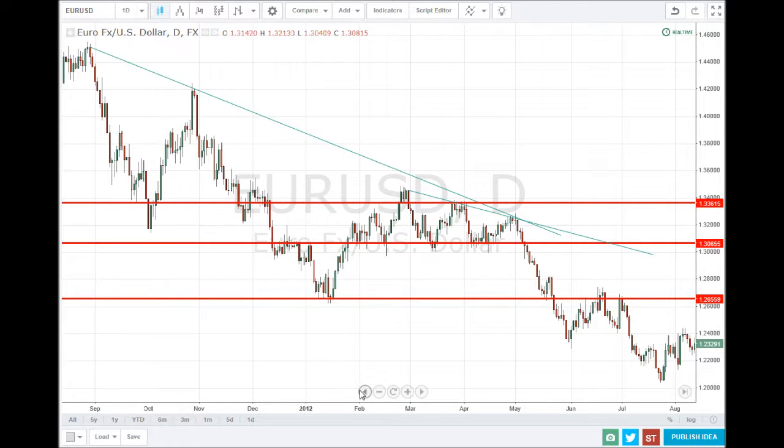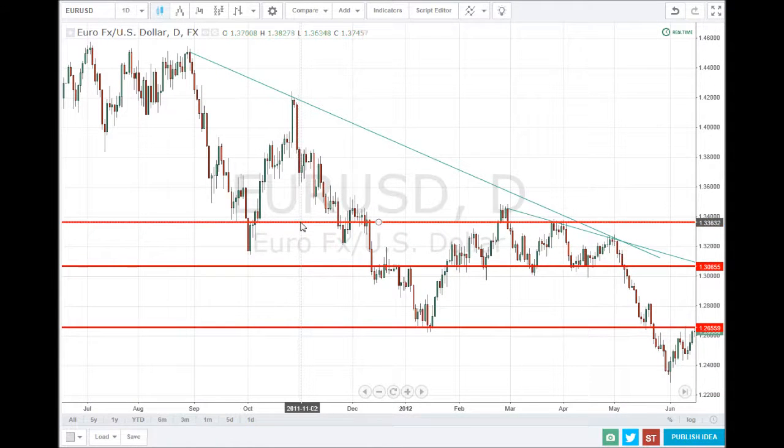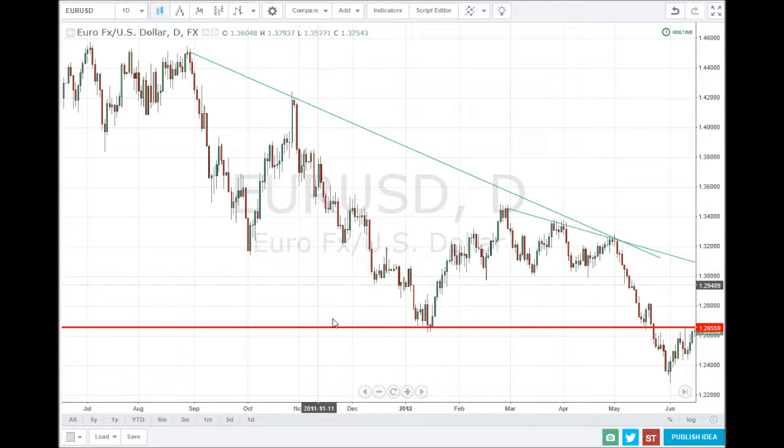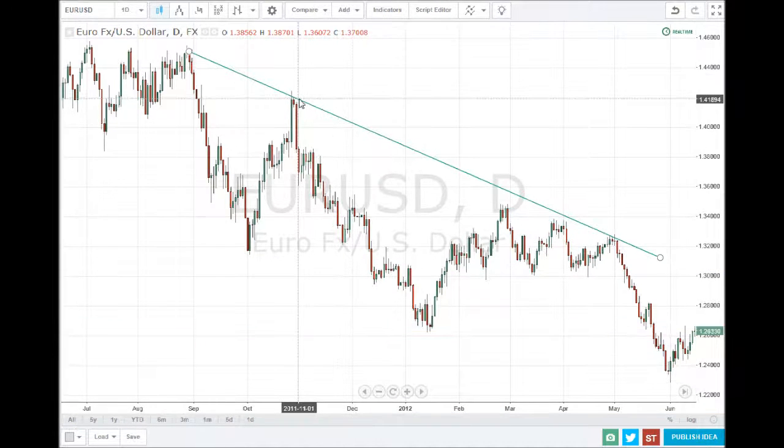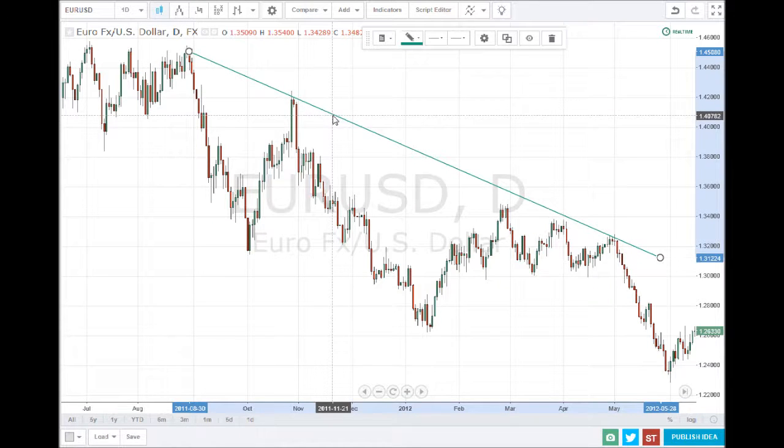And the possibilities are endless with knowing about trend support and resistance, dynamic support and resistance, and horizontal support and resistance. For example, if we get rid of these horizontal support and resistance lines, we could use our trend resistance we created by joining these two highs to create a trend support.